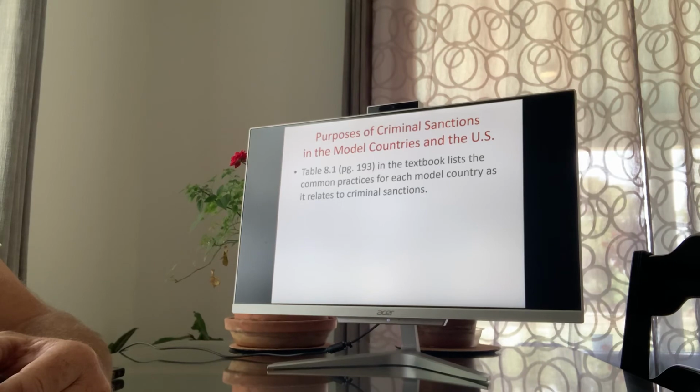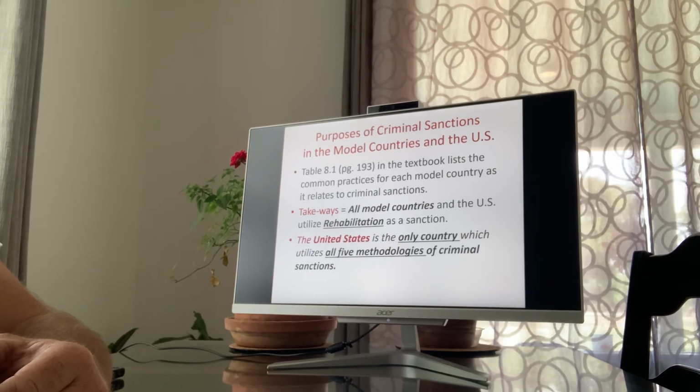Now, purposes of criminal sanctions in the model countries and the U.S. The table on page 193 has a good table on that, but nonetheless, I want you to know some of the takeaways. All model countries and the United States utilize rehabilitation as a sanction.